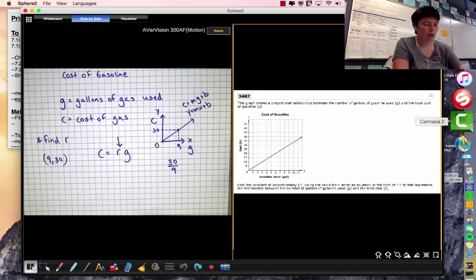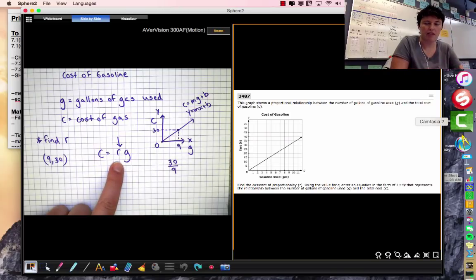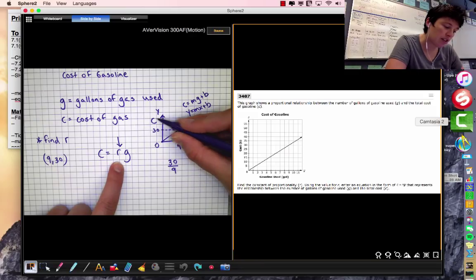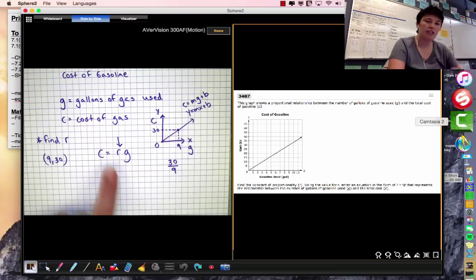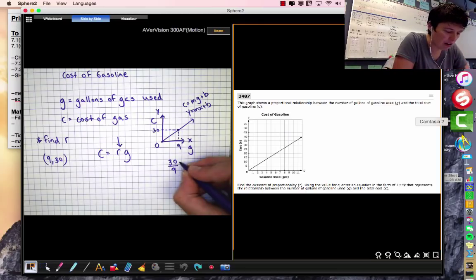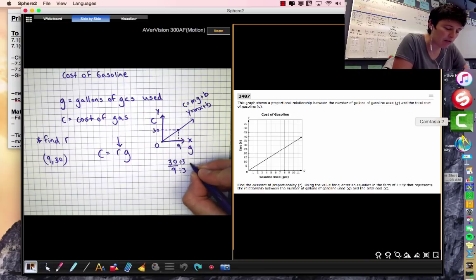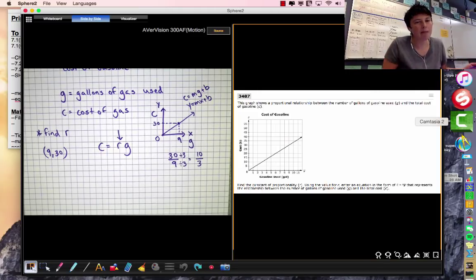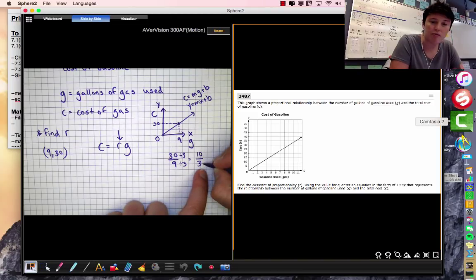So what I'm going to do is say that this R value, this growth rate that we're trying to find, is going up $30 on the C, on the cost, so it costs $30 to go over 9 gallons. Can I reduce 30/9? I guess I could. I could divide by 3. 30 divided by 3 would be 10. 9 divided by 3 would be 3. So I can reduce it down to 10/3. That's my growth number. Meaning every time I spend $10, I'm getting 3 gallons of gas.